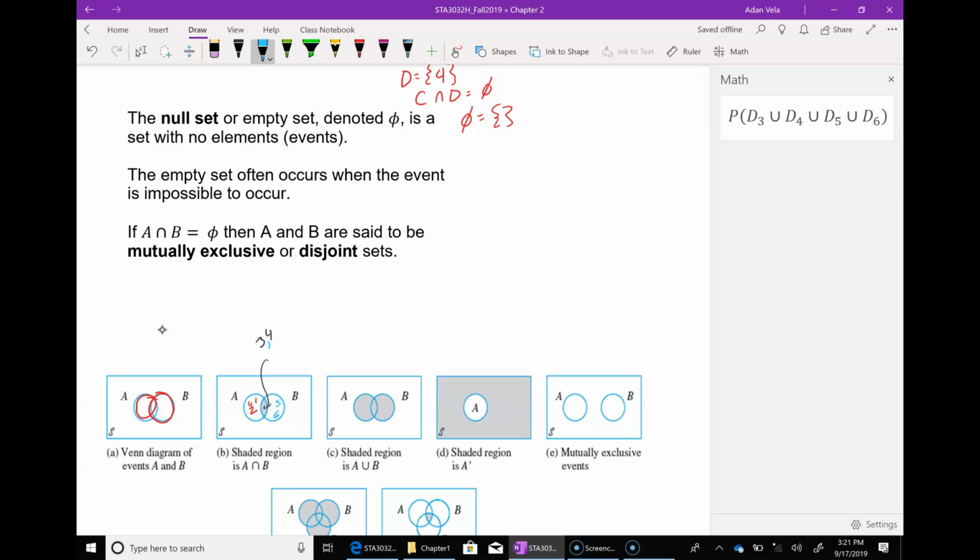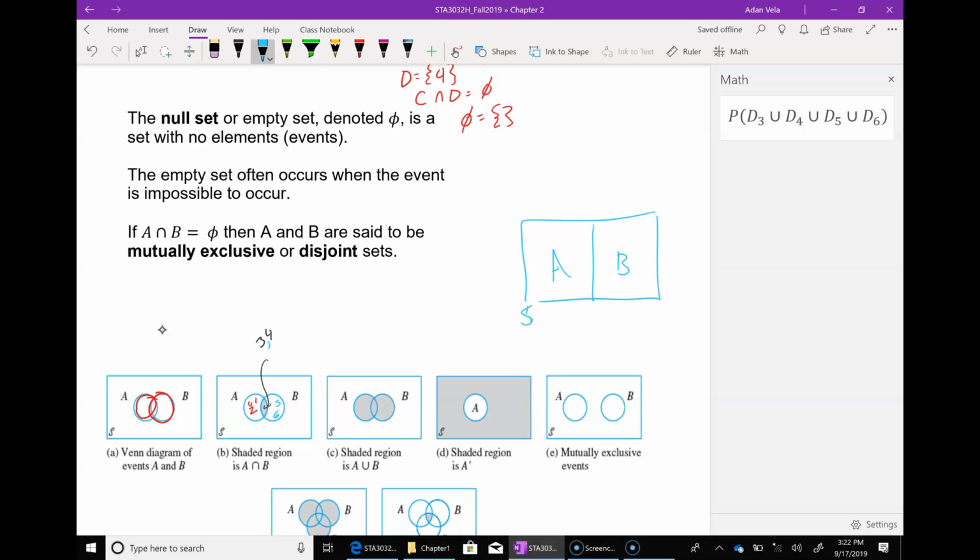A complement is everything outside of A. Again, mutually exclusive, the idea is they share nothing in common. It's really nice when you have your set S, so this is your sample space, and A takes up one part of S, not necessarily proportionally 1/2, and then B takes over everything else, right?